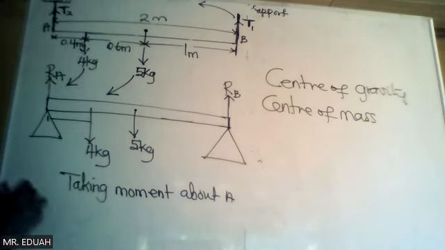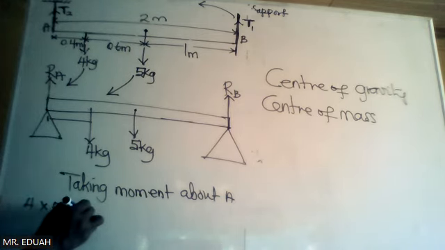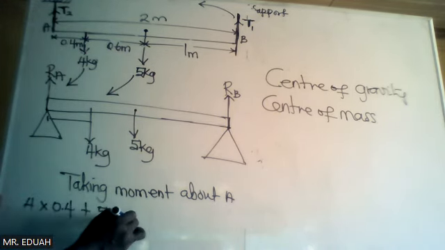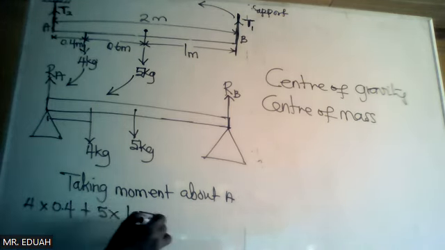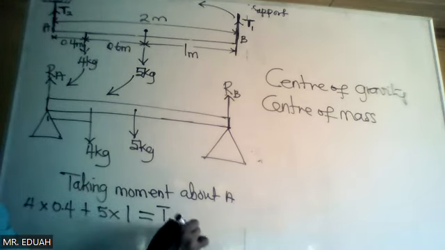So sum all the clockwise moments: 4 times 0.4 plus 5 times 1. This must be equal to T1 times 2.